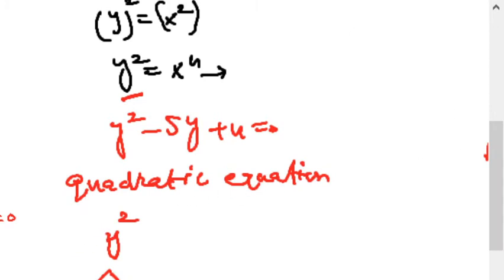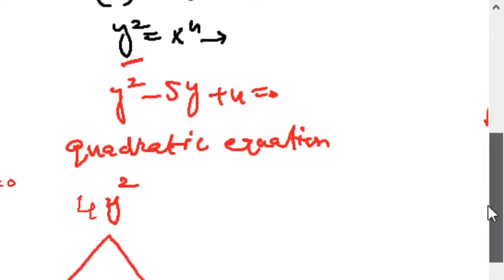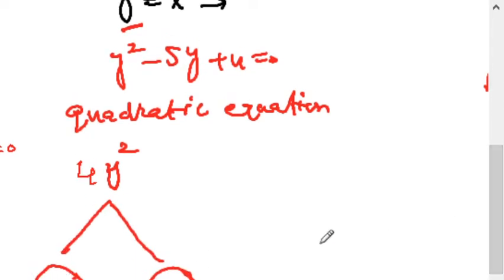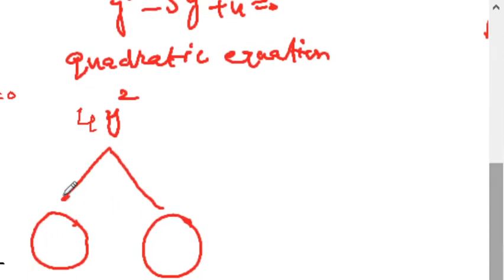Now see this. It's 4y square. I'm writing minus 4y and minus y. If I multiply them, I get 4y square, but if I add them, minus 4y and minus y is equal to minus 5y.